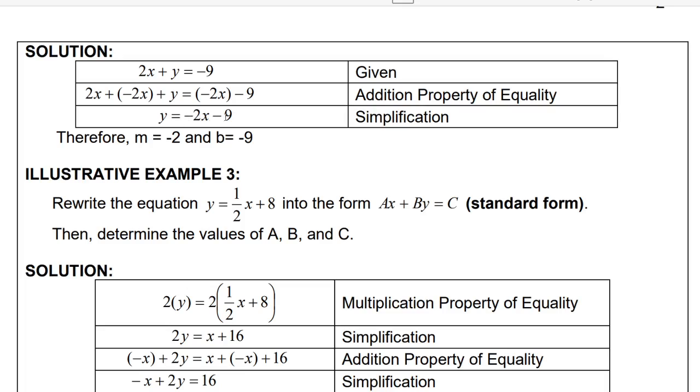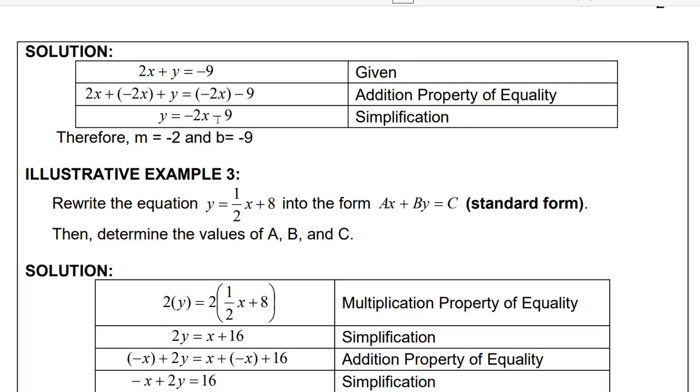We cannot combine the two because they are dissimilar terms. So since you already wrote the given in the form y equals mx plus b, your m is negative 2 and your y-intercept b is negative 9. You have to consider the signs.